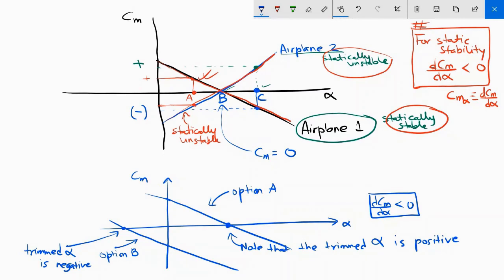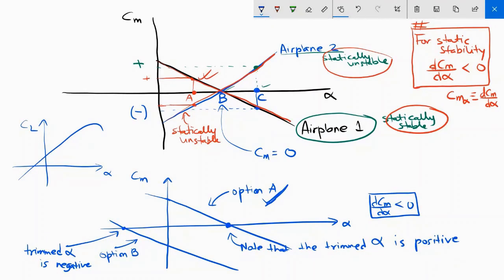Which one is better? If you think of the CL versus alpha plot, which we have already discussed in our previous courses, you can notice that when the angle of attack is positive, we get a very high lift coefficient, correct? When the angle of attack is negative, we get a low lift coefficient.